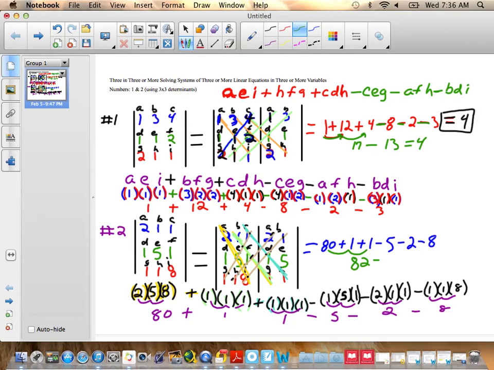Then negative 5, negative 2 is 7, negative 8 is negative 15, so minus 15. And so when I do the math on this, I come out with 67. So number 2 is going to equal 67.